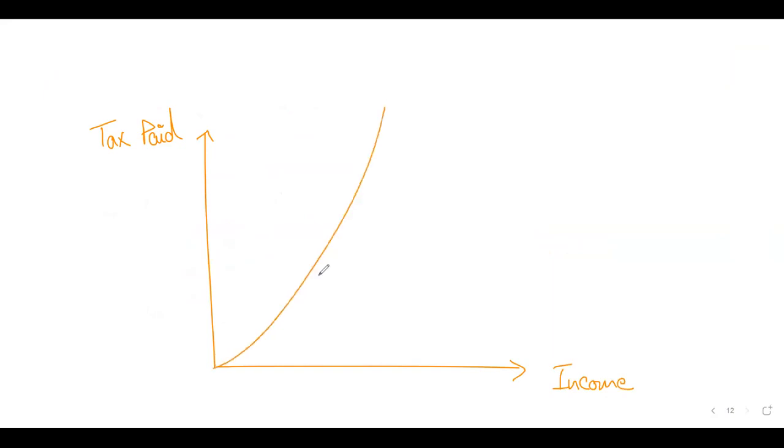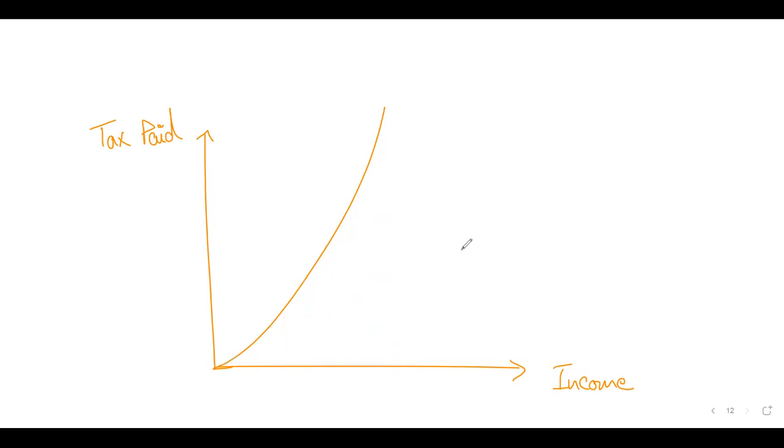Now you will get this clear, right? If this is the amount of tax that taxpayers are paying, and on the x-axis you have income, and you have a graph that goes like this, it's upward sloping. This means that any small increase in income results in a big increase in tax paid, right? So that would be progressive.